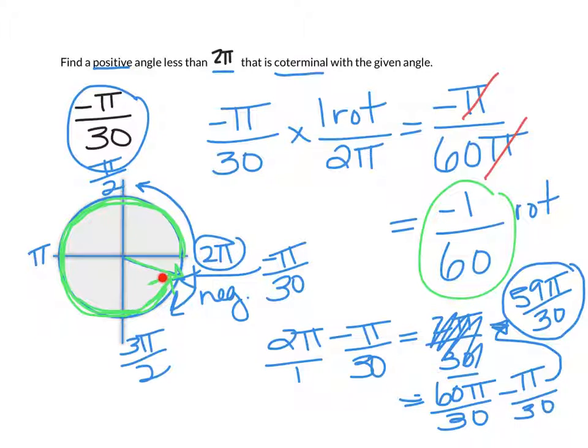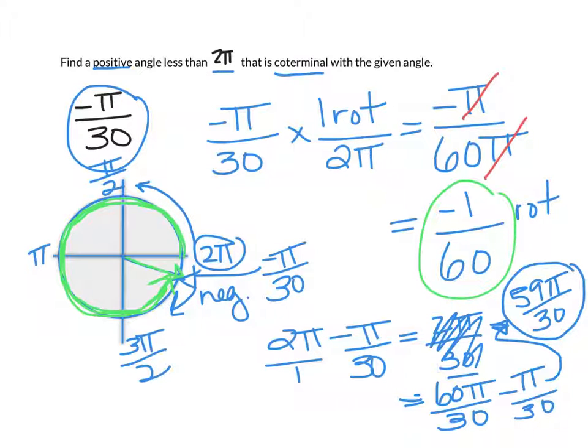I knew it was in the negative direction, and I knew it was negative 1/60th of a rotation, so negative 1 minute here. Now that I see where that is, I need a coterminal angle that's going in the positive direction. So this angle here, all the way over to this part, almost a full rotation, gives me the same position for that terminal arm, but now it's in the positive direction.